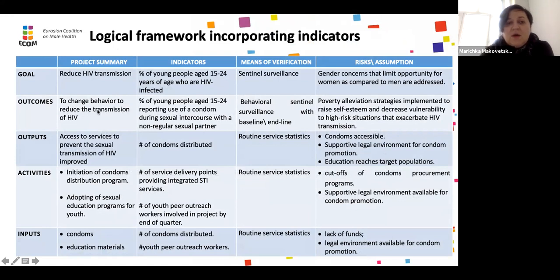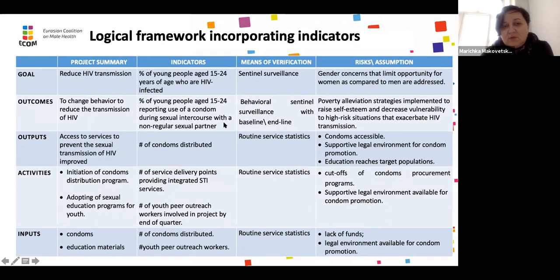Outcomes: to change behavior to reduce the transmission of HIV. So that's my outcome, and the indicator here will be the percentage of young people aged 15 to 24, which is the disaggregation by age, reporting use of a condom during sexual intercourse with a non-regular sexual partner.